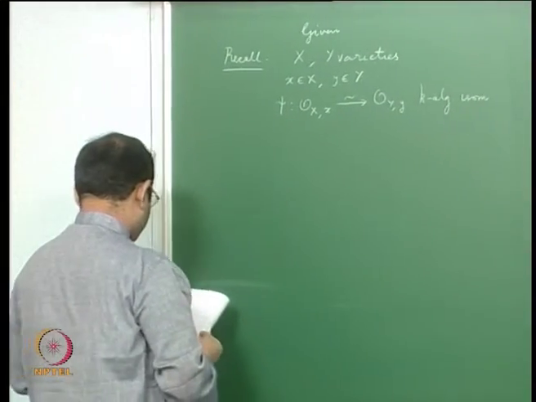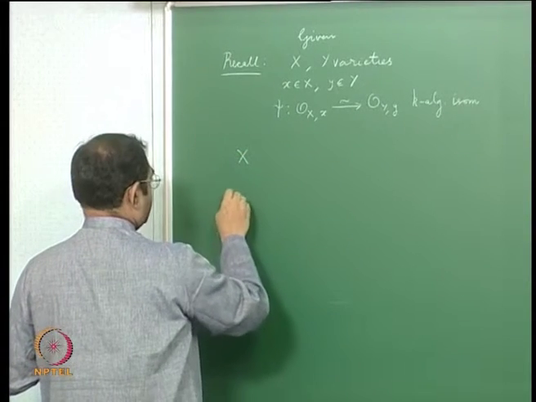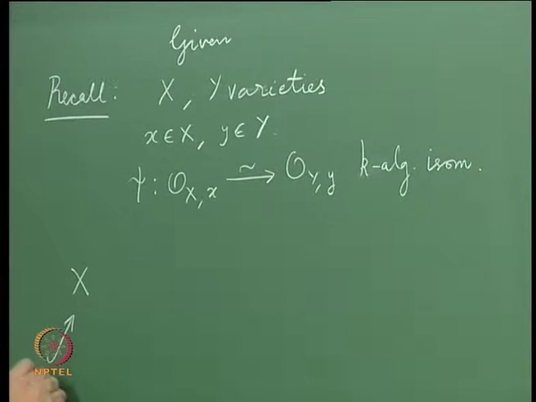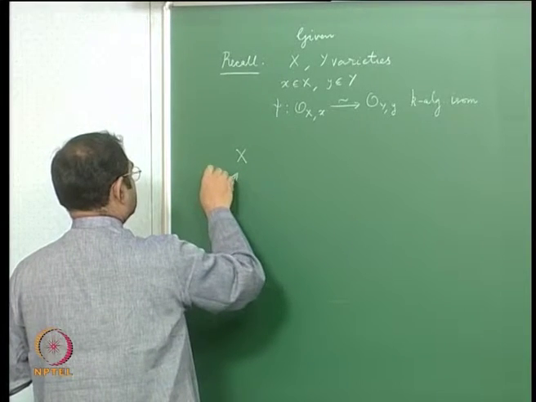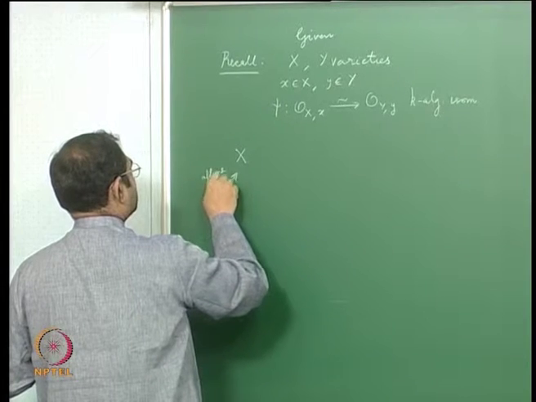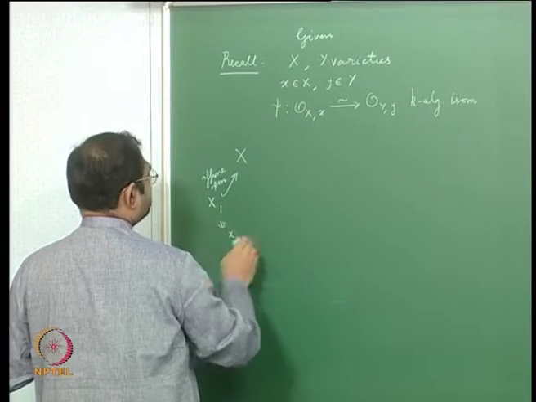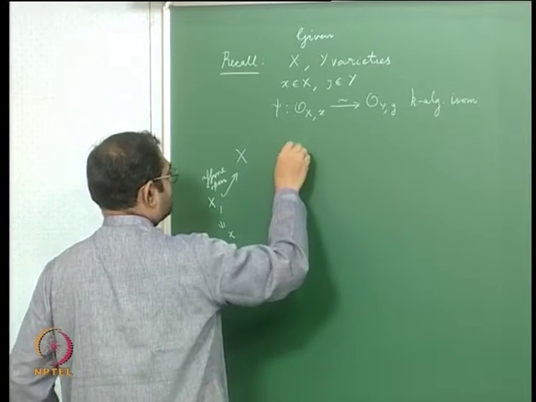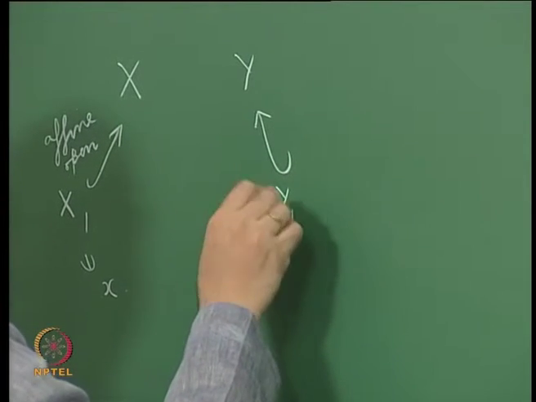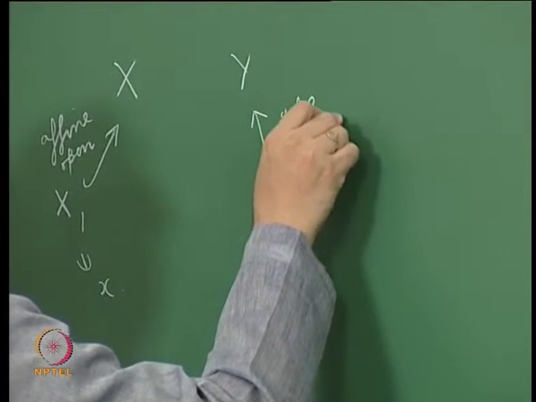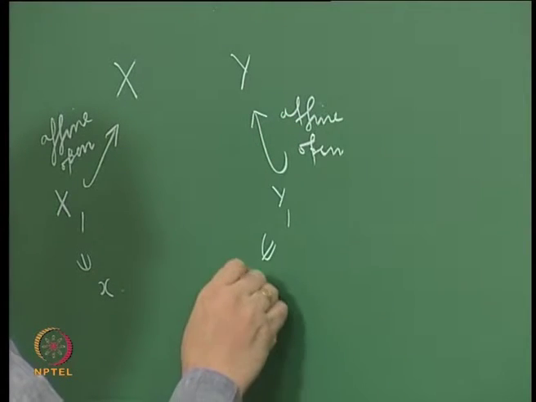So we had the diagram like this. We had X here, we had X1 inside X which is an affine open, and we had small x belonging here. Then we had capital Y and this capital Y1 which is an affine open subvariety which contains the point small y.